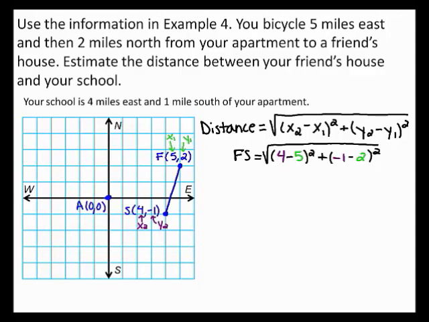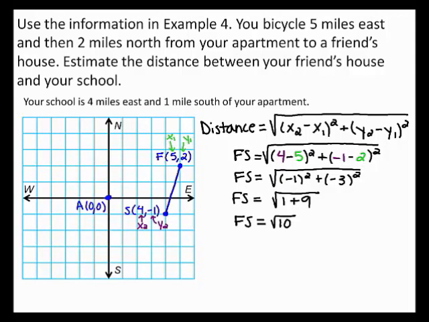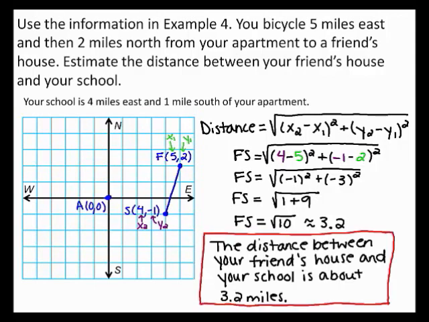Now you can simplify. 4 minus 5 gives you -1, and -1 minus 2 gives you -3. -1 squared gives you 1, and -3 squared gives you 9. 1 plus 9 gives you 10. So, the length of segment FS, or the distance between points F and S, is equal to the square root of 10, which is approximately equal to 3 2/10. Therefore, the distance between your friend's house and your school is about 3 2/10 miles.